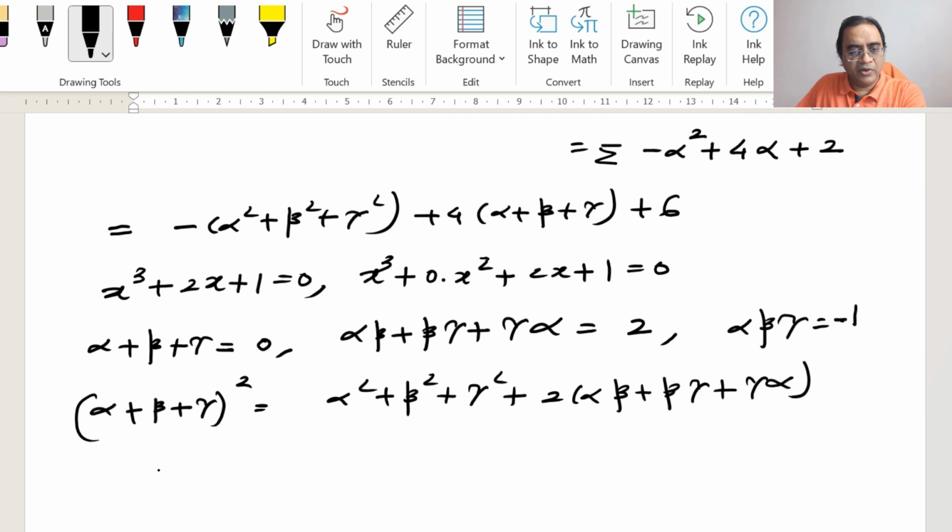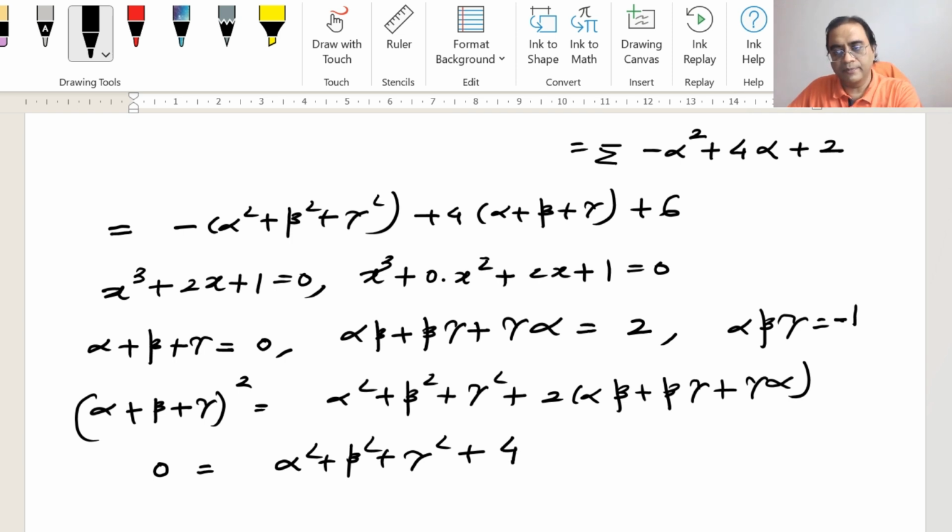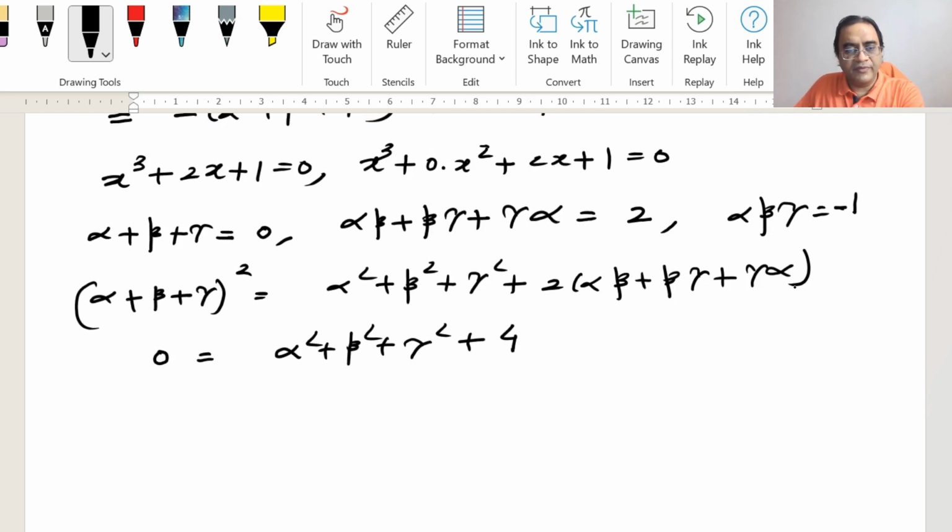So we have got 0 square, then this fellow is 2, 2 into 2 is 4. So we have got alpha square plus beta square plus gamma square is equal to minus 4.